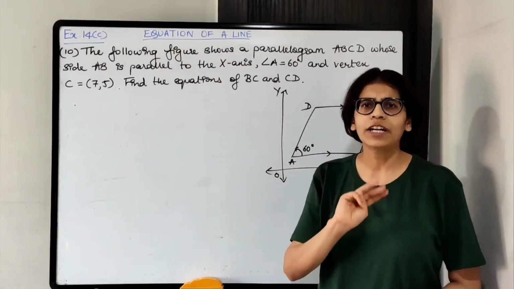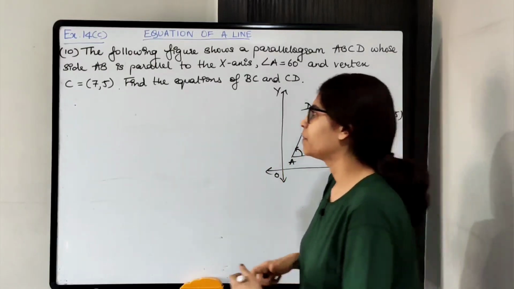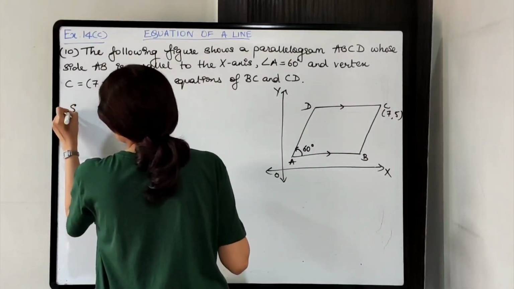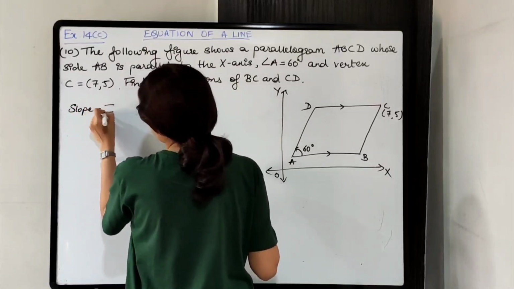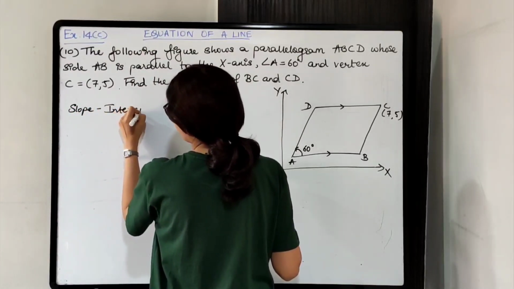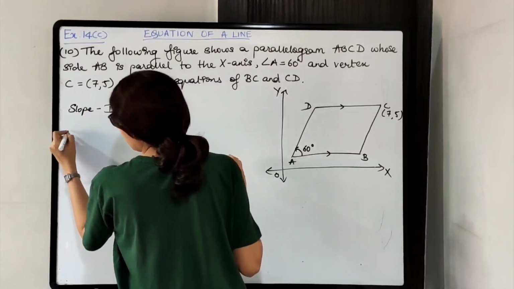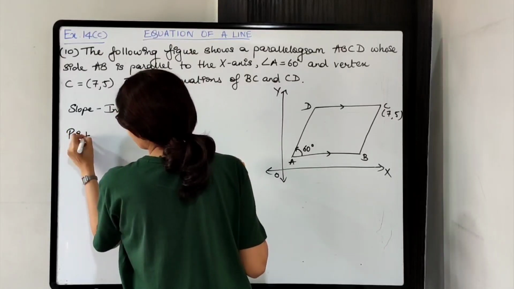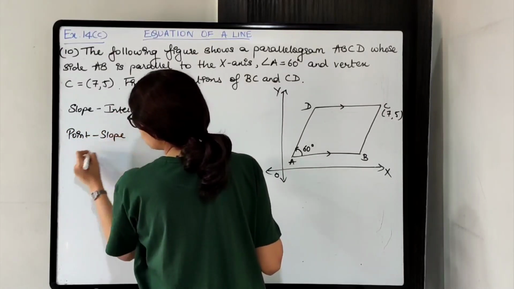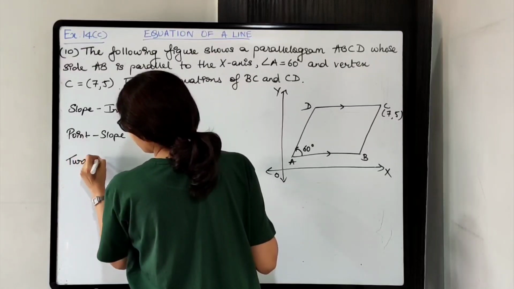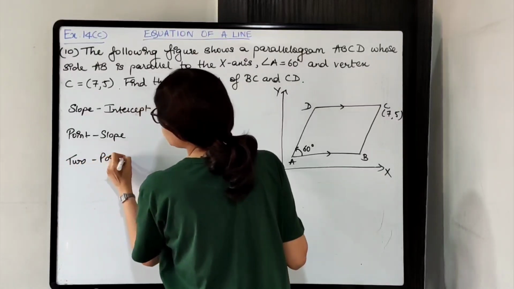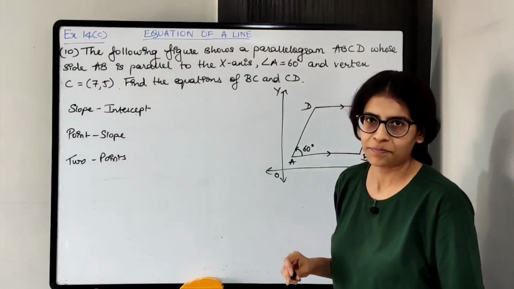There are three ways to find the equation. There are three different forms. First one is slope intercept. Second is point slope. And third is two points. Which one will we use over here?